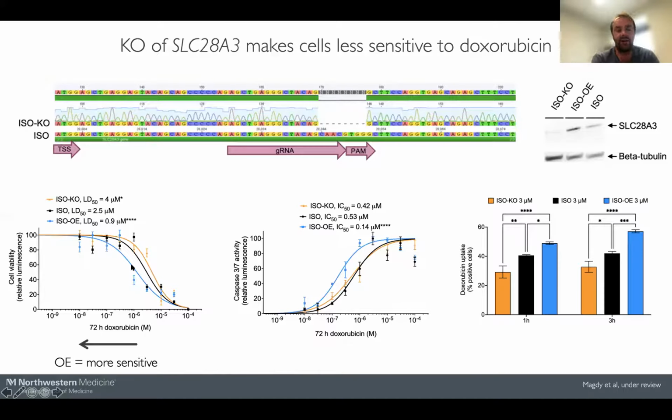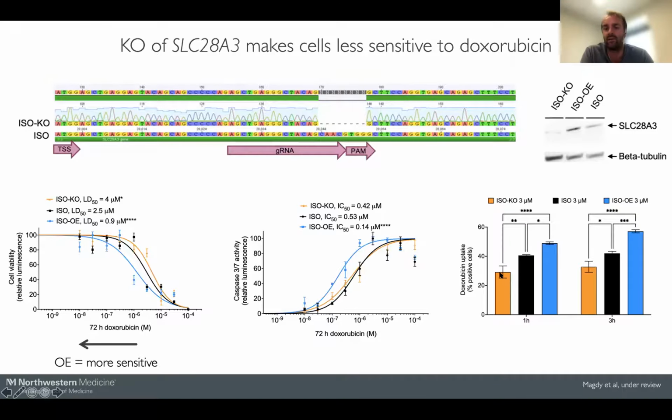And that makes you think that, again, they might be taking up more drug. Conveniently, doxorubicin is autofluorescent. That means with a flow cytometer, you can actually detect the amount of doxorubicin that gets into cells. So in our iPS cell cardiomyocyte model, we can see with the overexpression, they do have more doxorubicin, and with the knockout, they do have less doxorubicin.